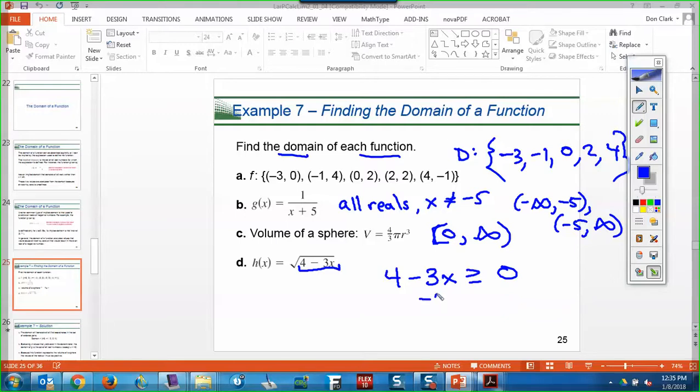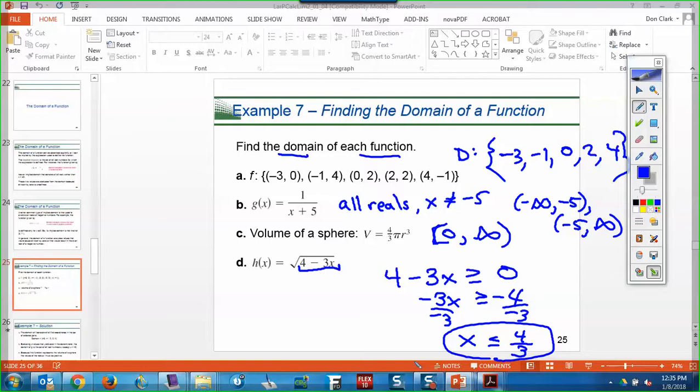And then you would just solve it. So we take away 4. We divide by -3, which, don't forget, flips that sign. So x less than or equal to 4/3. Okay, that would be your domain for that.